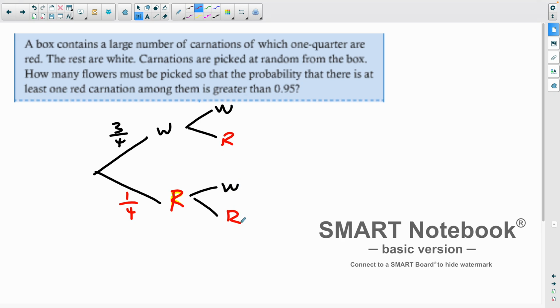There's so many of them in this container that the probabilities are the same, basically. So this would be 1/4, this would be 1/4, this would be 3/4, and this would be 3/4.